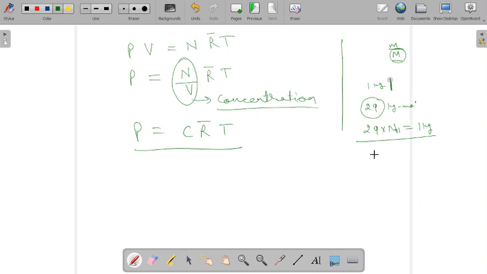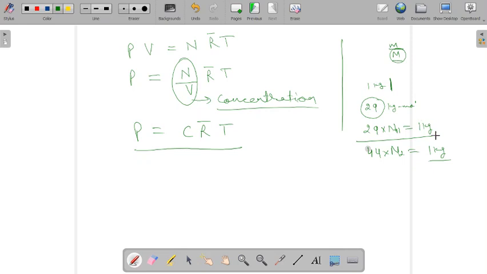Now if you take another gas, carbon dioxide, how much is the molecular mass? 44 into n2 number of moles will form 1 kg.